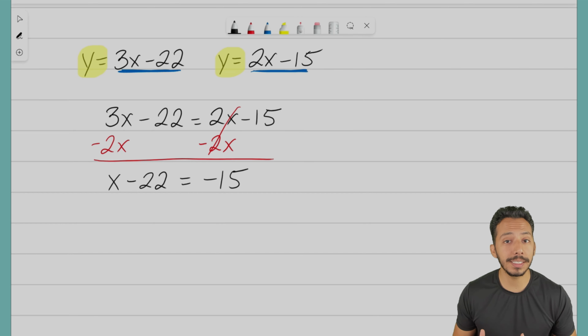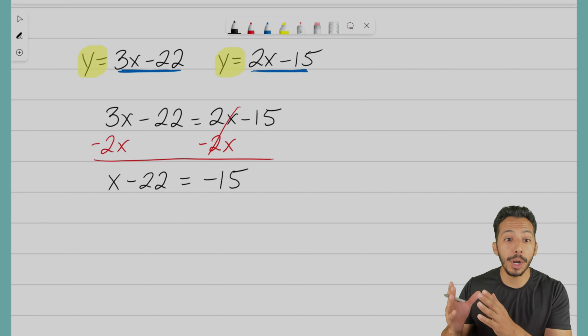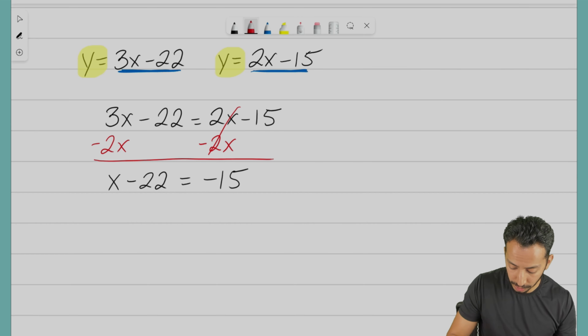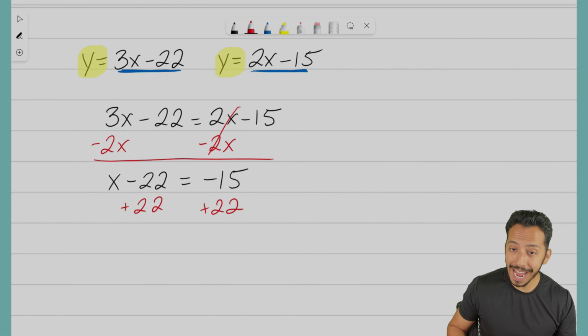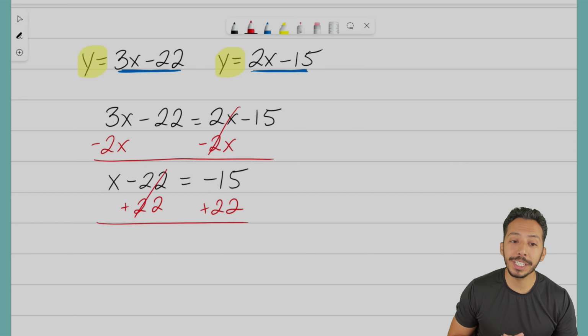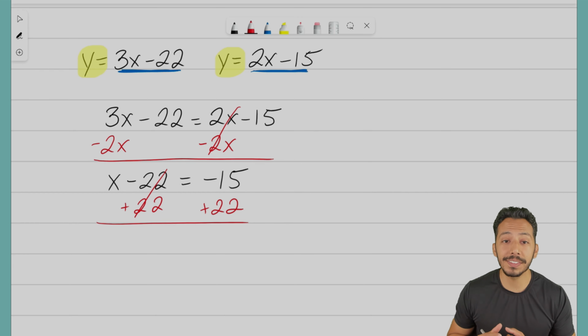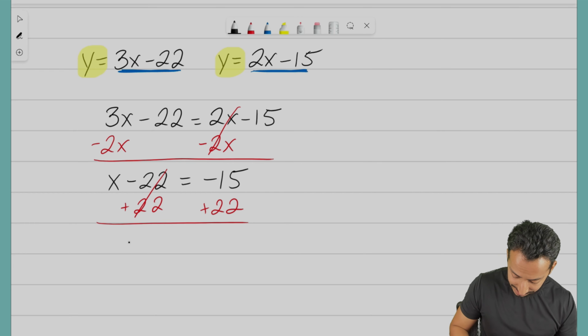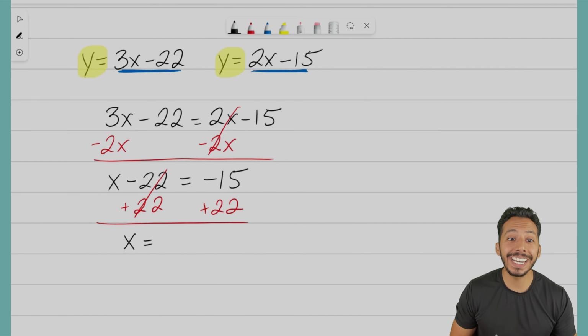Now I need to move that constant over from the left side to the right side. If I want to move negative 22 over, I have to do the opposite of subtracting 22, which is adding 22. So if I add 22 to both sides, the ones on the left zero out, and I'm left with just x on the left side, and it equals negative 15 plus 22.